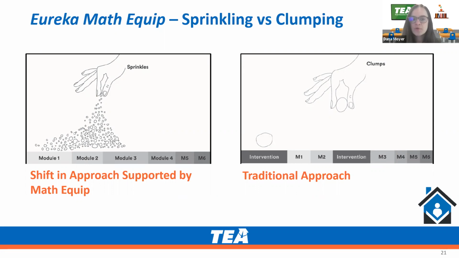Our traditional approach sometimes clumps intervention with a huge amount of below grade level content at the beginning of the year or at other parts in response to reteach. And so we just really wanted to highlight that the Eureka Math Equip tool is intended to be really aligned to the actual module that students are about to engage in, so that you're sprinkling your intervention when it is most strategic throughout the year.